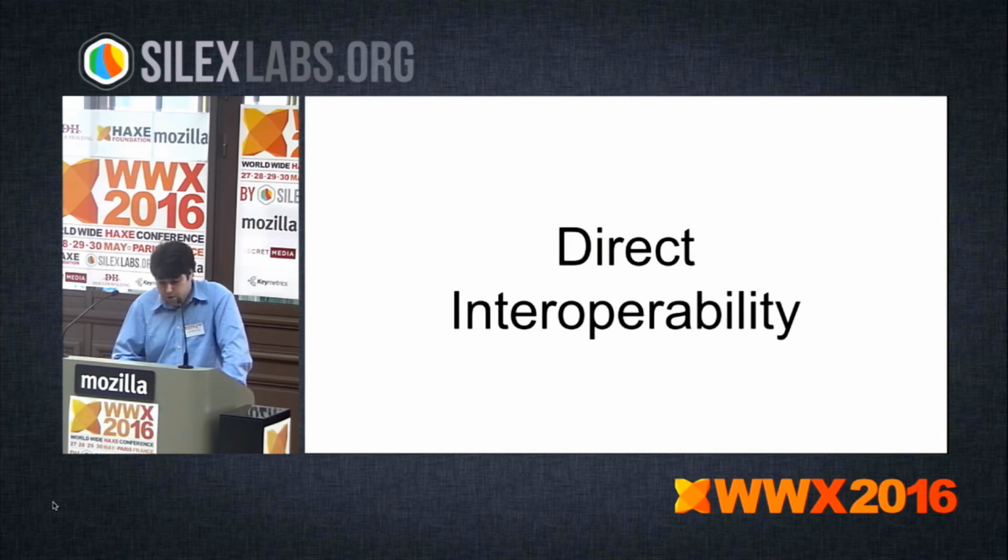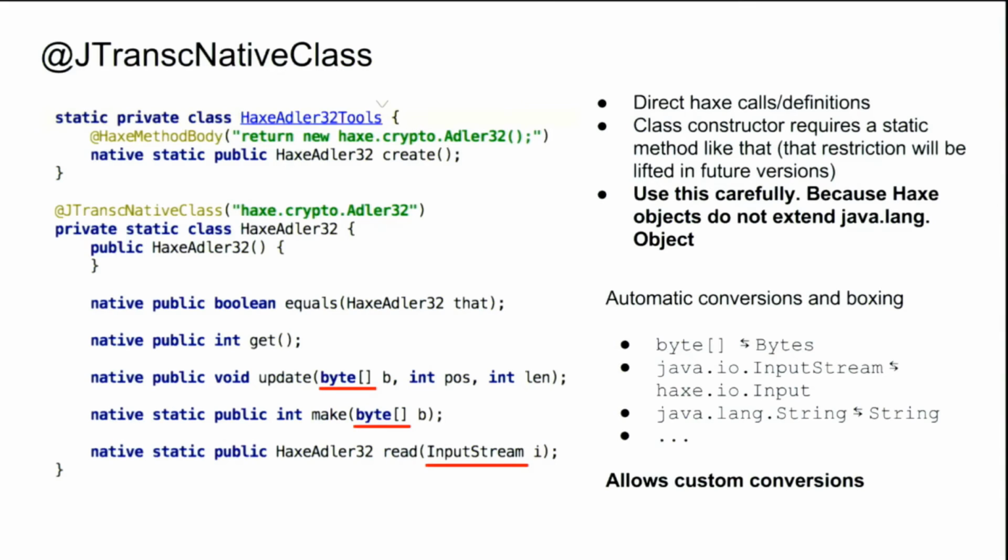So, furthermore to Haxe method body, we can call Haxe directly. There is an annotation called native class that allows you to declare a class as a native Haxe class. It converts automatically between some types.